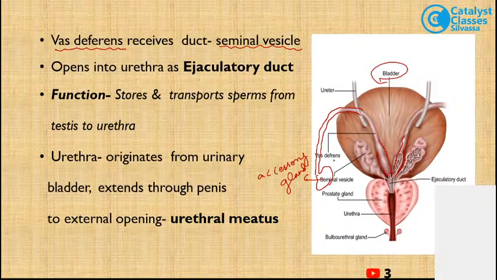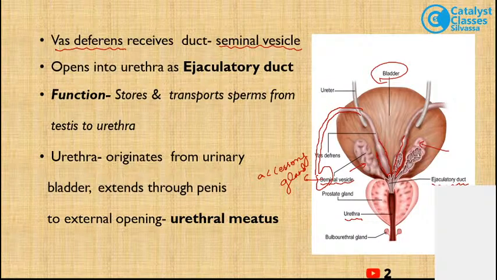Okay, so the functioning of all these accessory glands is very much important. Now, the seminal vesicle is also present in pair. You can see there is one seminal vesicle here and the other seminal vesicle here. So, before continuing further into the urethra, here is the urethra, the seminal vesicle and the vas deferens fuse together and they commonly open into the urethra as ejaculatory duct. ये देखो यहाँ पे, ये किसका opening है?